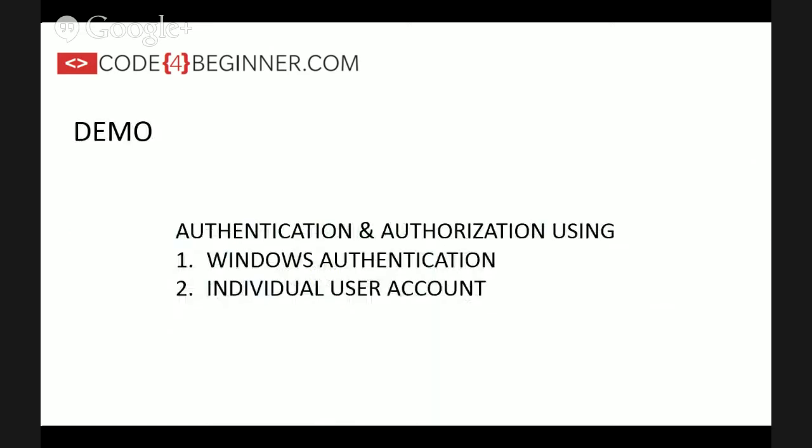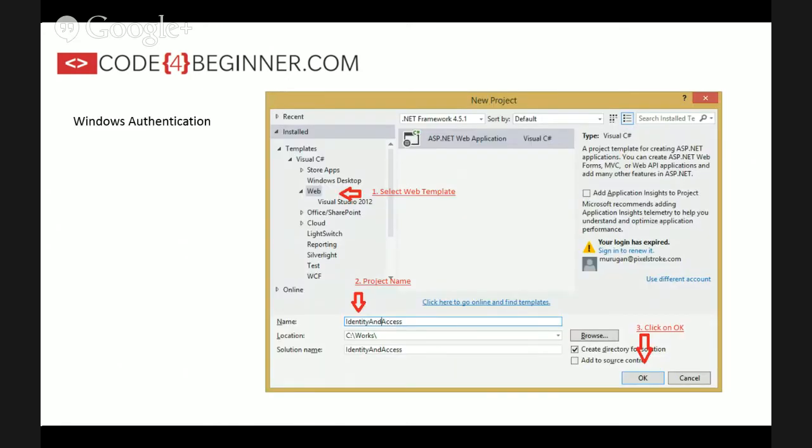I will quickly demo a couple of things. One is authenticating users using Windows authentication, and authentication and authorization using an individual user account, both for an MVC application as well as a web API application. So let's start with the new application.